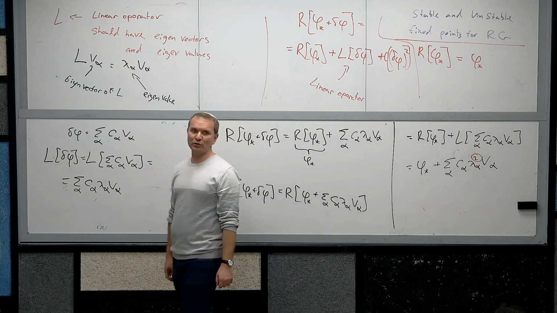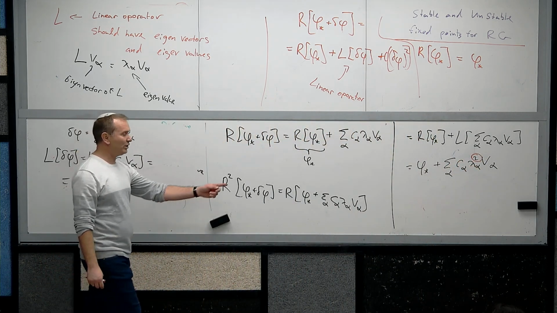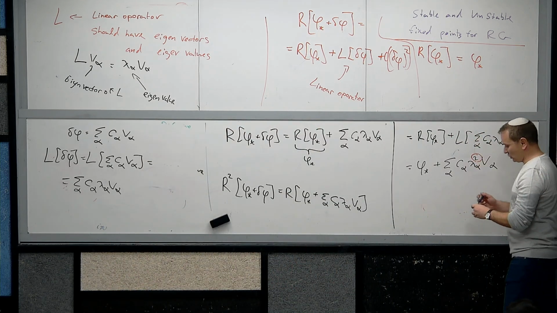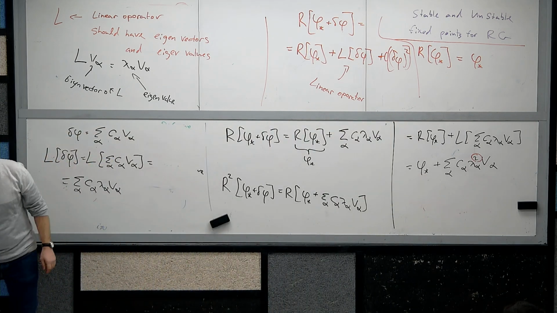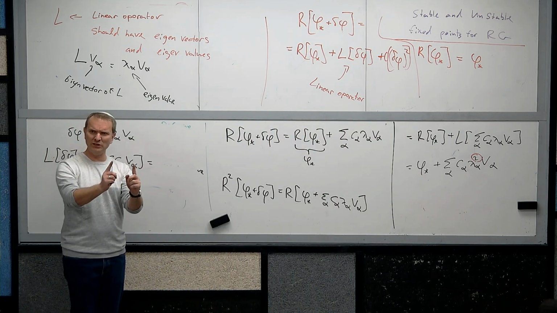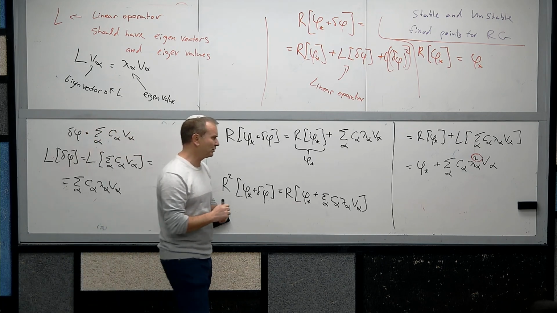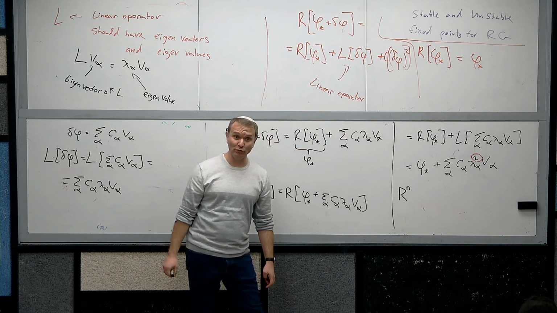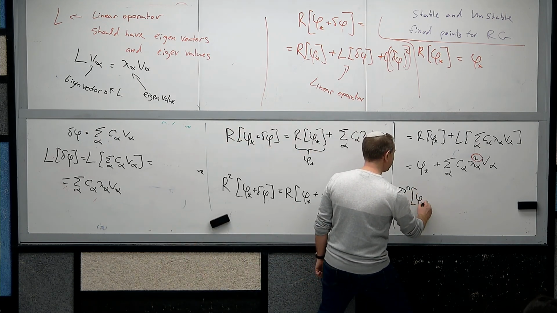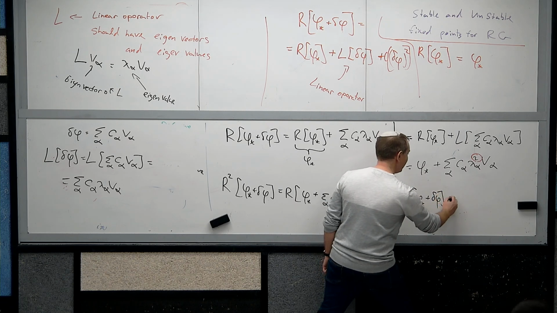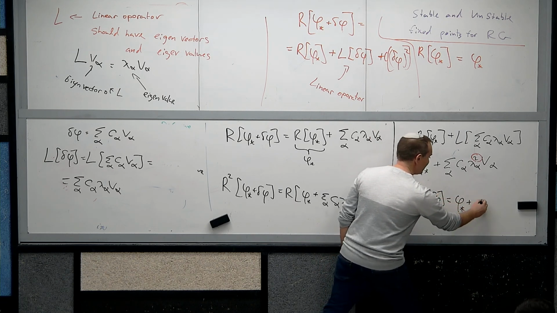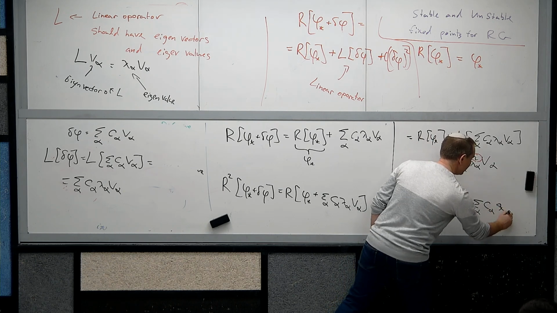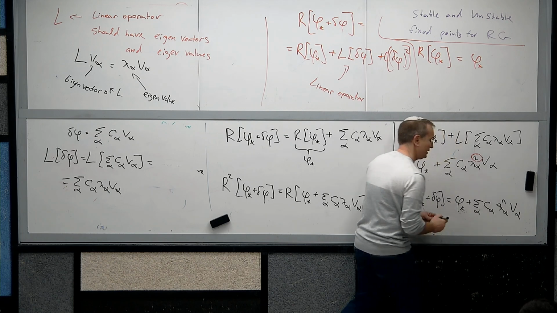What will happen if I apply 3 RG steps? The only thing that is going to be modified is this 3, 4, 5, 6, 7. So in general, if I'm starting near the fixed point, not far away, I know that n applications of RG steps over phi star plus delta phi equals phi star plus the summation over alpha of C alpha lambda alpha to the power of n V alpha.